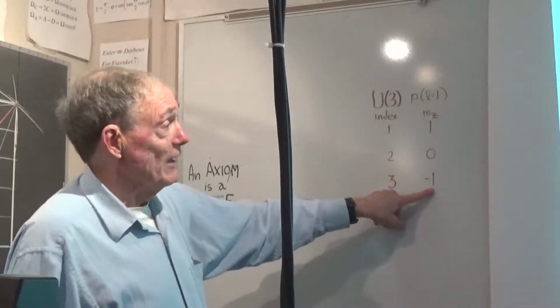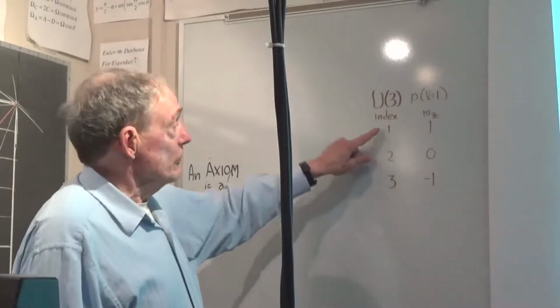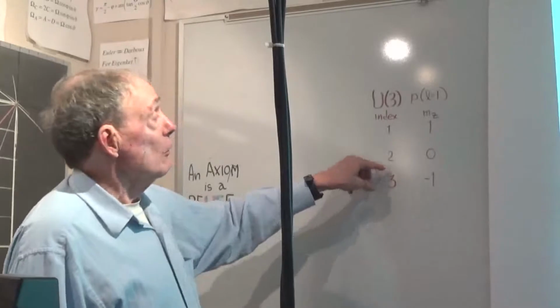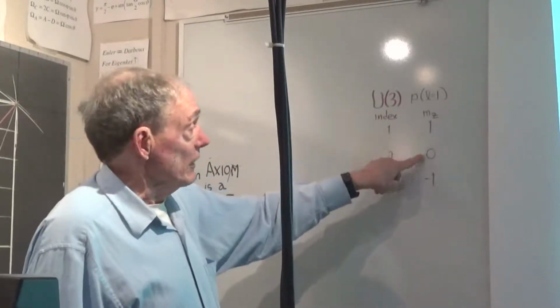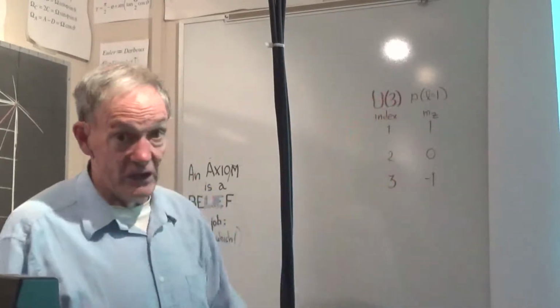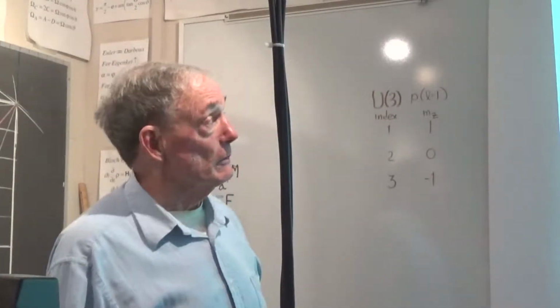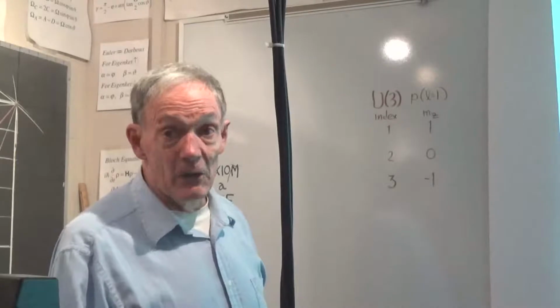So I will make sure that is very clear, because as we count up on our index 1, 2, 3, we're counting down in the actual angular momentum that they represent. If that wasn't clear before, I hope it is now.